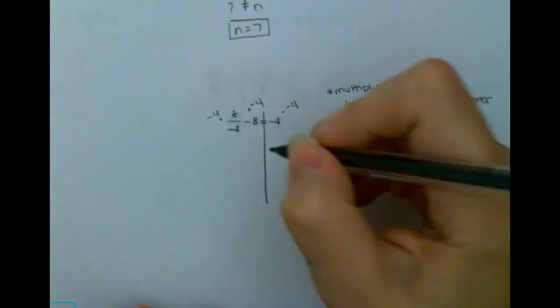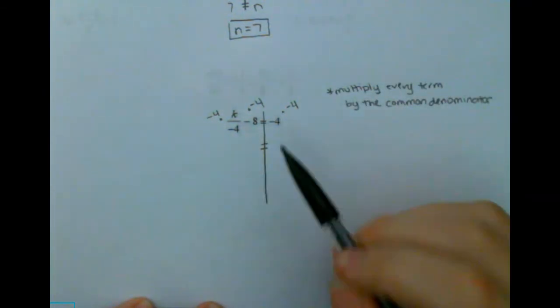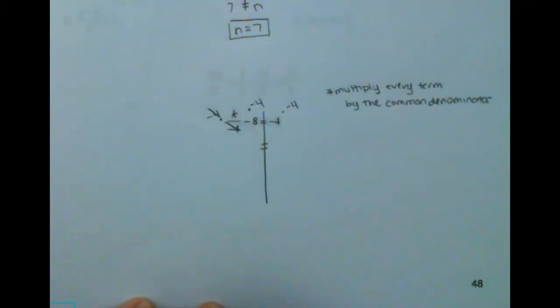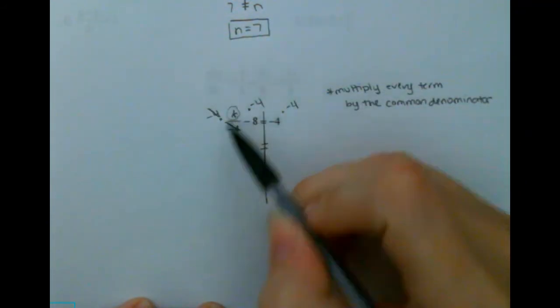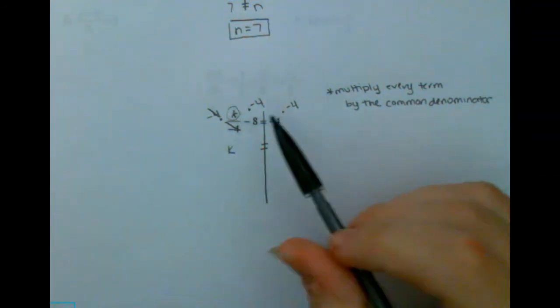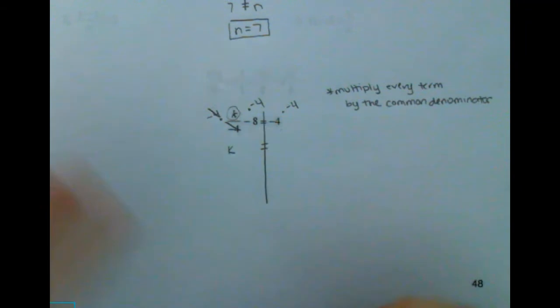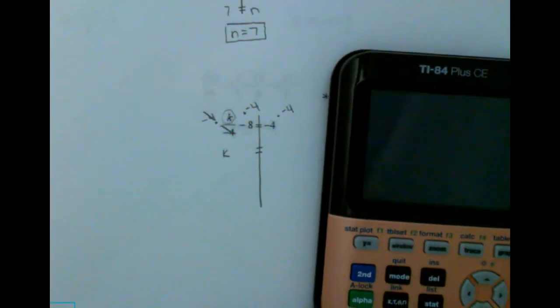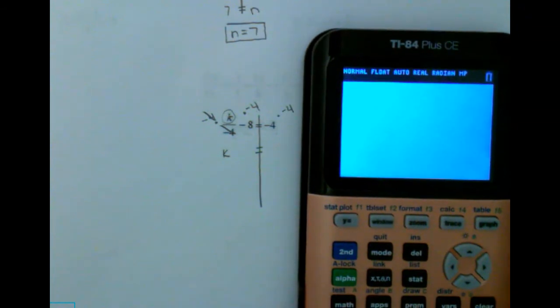So now we're going to take it one step at a time here. On this term, the k and the negative 4 cancel out, and I'm left with just the k. So I'm going to bring the k down. Here, I've got a negative 4 times a negative 8. We can use our calculator to do that work. That's totally fine. In fact, I encourage it because I'm seeing a lot of arithmetic errors on masteries, especially in this unit.